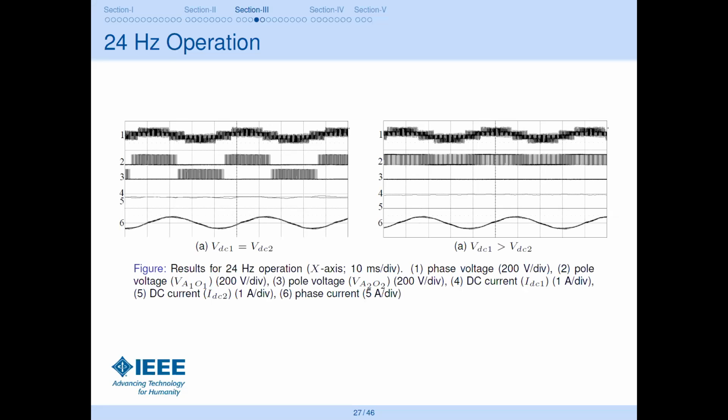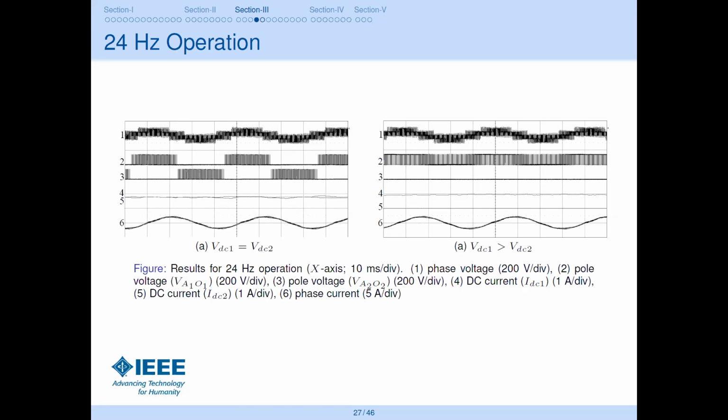And the sixth trace is the phase current, which doesn't seem to be any different. Now, what if on the left-hand side, I'm sorry about this mistake, this should be B, when VDC1 is higher than VDC2. In that case, you don't want to drain VDC2, so you have to take more power from VDC1.